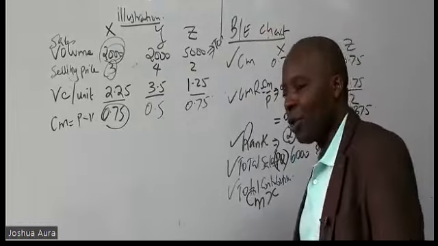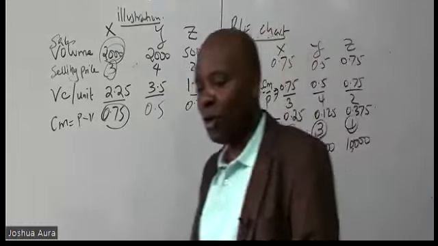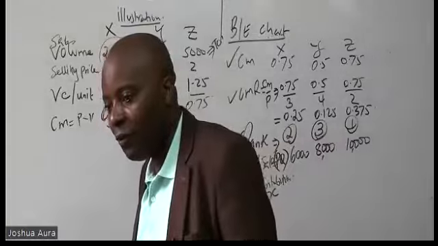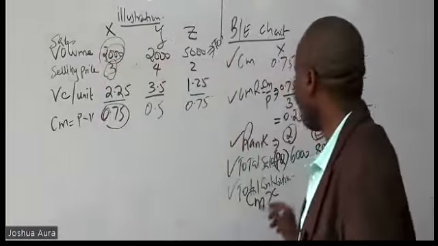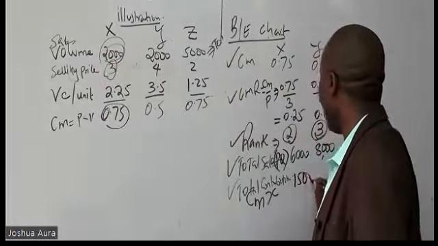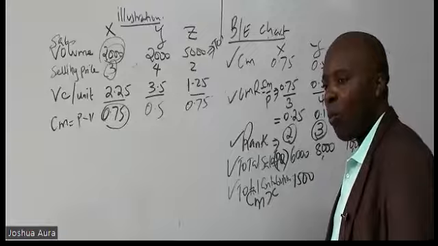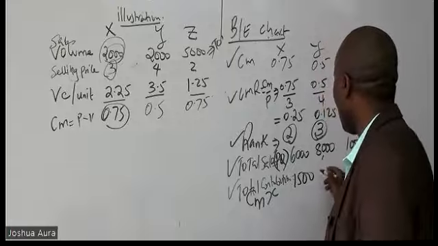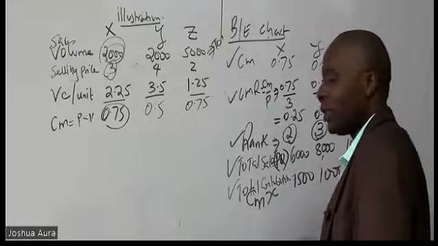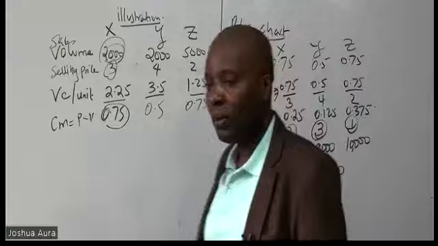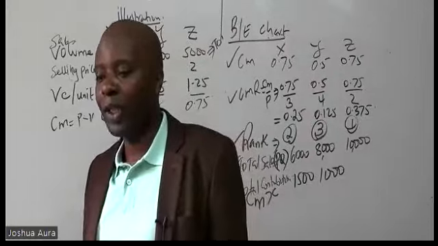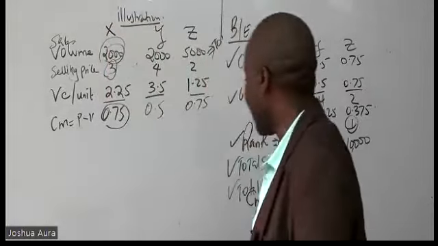For total contribution, what do I have? I can see 1,500, thank you very much. And then the second one will be 1,000, I'm told. And then the last one is 3,750.